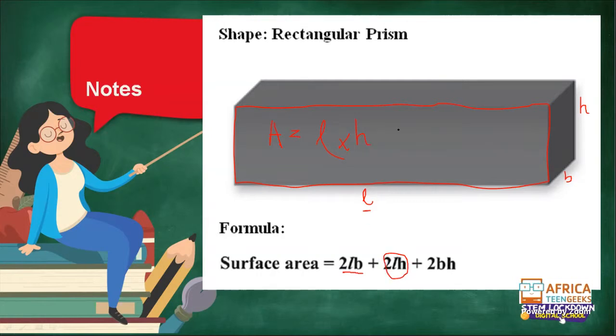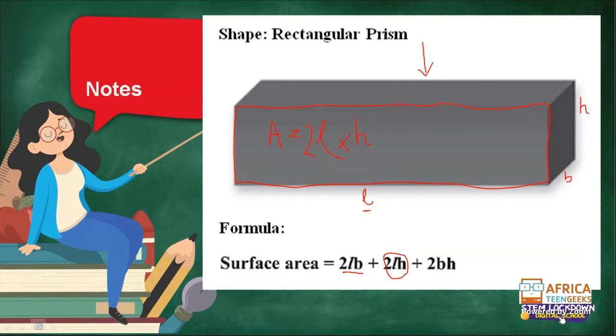Length times height. So this is the area here drawn in red. But now if you think about a box, there's another similar area on the other side. So on that next side of this box, we have an area of length times height, very similar to this one. Because there are 2 of them, it's twice as much. So 2 times length times height.